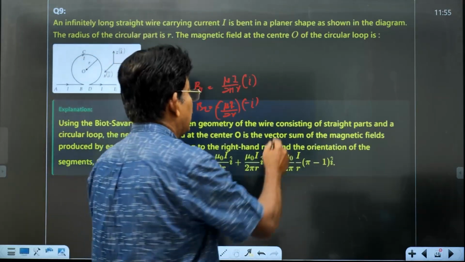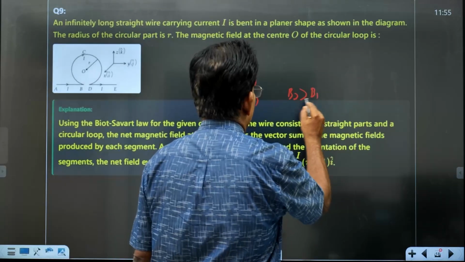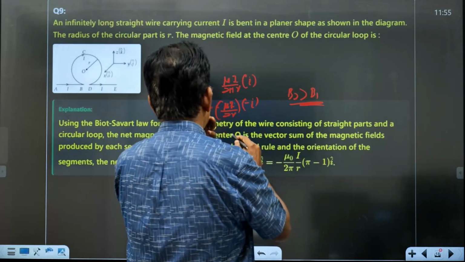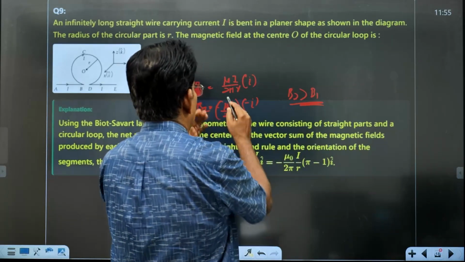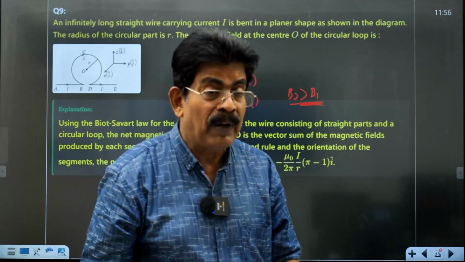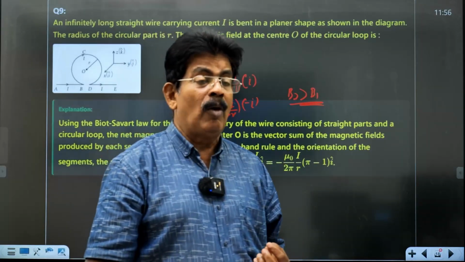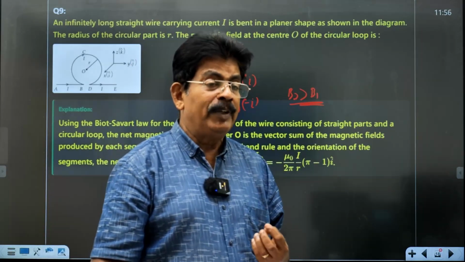And one thing is clear, B2 is greater than B1 because B2 contains no pi in the denominator, while B1 contains the additional factor pi. So B2 will be dominating.